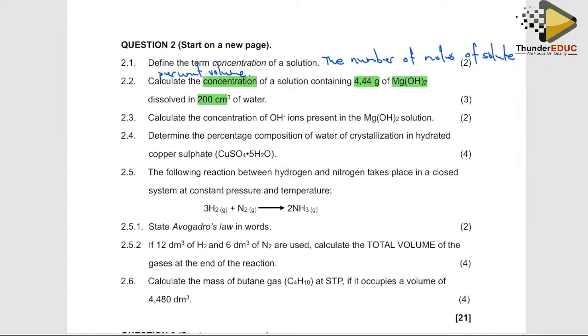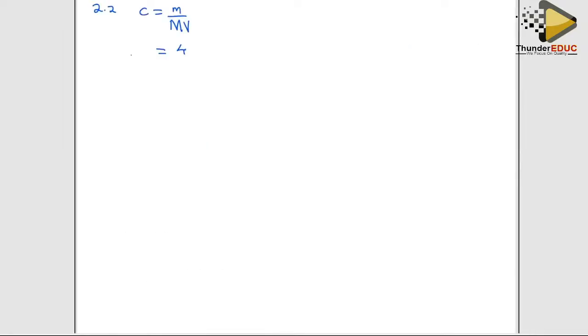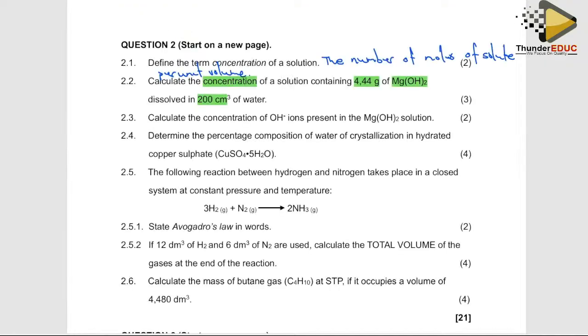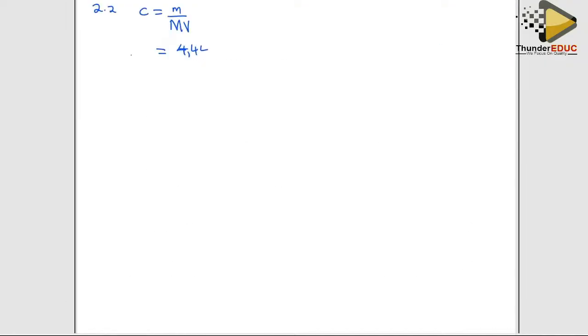By formula, your concentration is equivalent to the mass all over M times V, right? The mass provided here is 4,44 grams, all over the M, which is the molar mass.